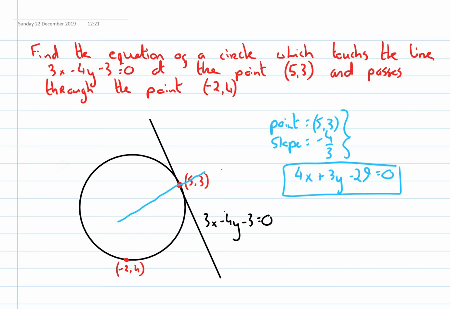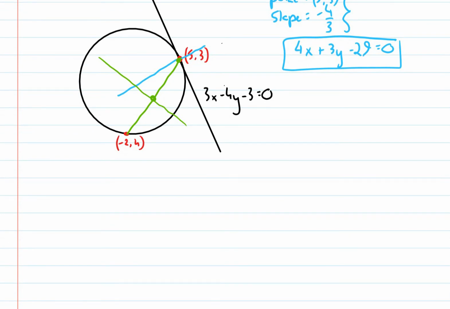Right, next thing I'm going to do is draw a chord between this point and this point. I am going to find the midpoint of that chord, and then get the equation of the line perpendicular to that chord that crosses that point here. Okay. First, find the midpoint of the green line.